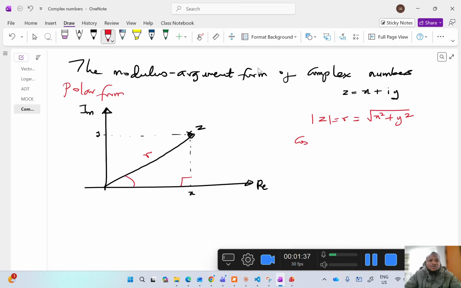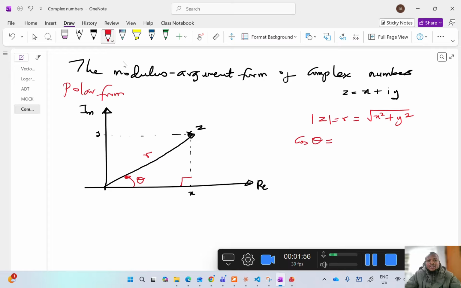And this is the angle, also called the argument. Let me call this theta, which is also called the argument theta. So cos theta is equal to adjacent over hypotenuse, isn't it?